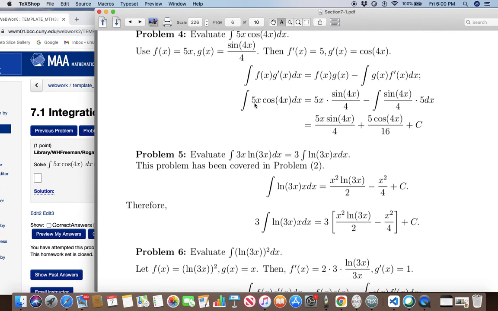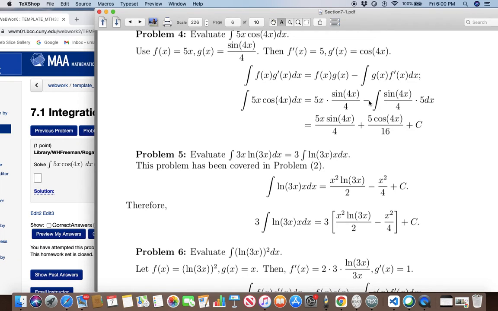f is 5x, g prime is cosine 4x, so fg is 5x sine 4x by 4, minus integral g f prime, g is sine 4x by 4, f prime is 5. So 5 and 4, they're constants, they come out. Integral of sine is negative cosine over 4.